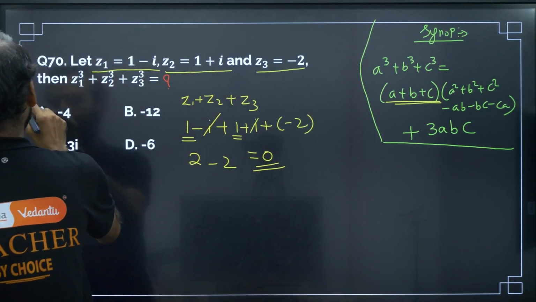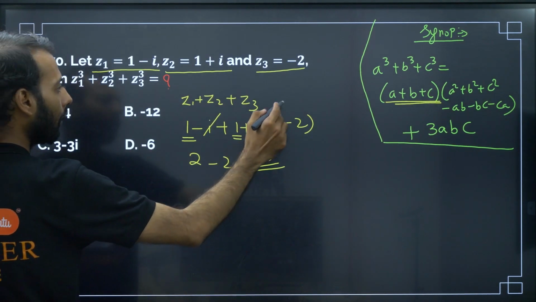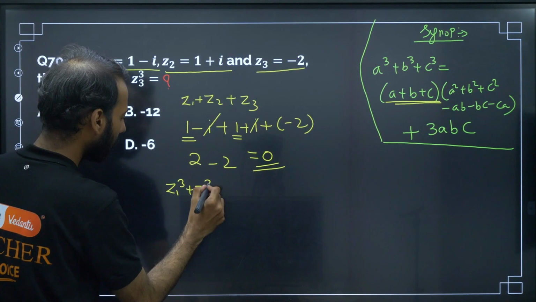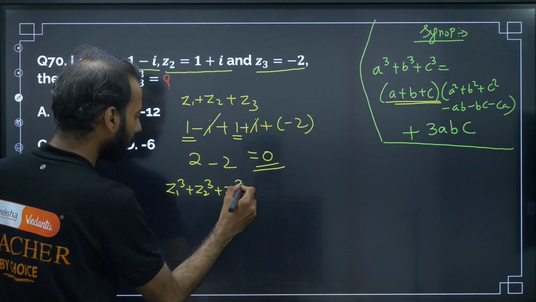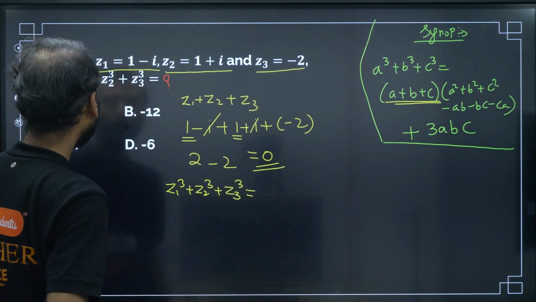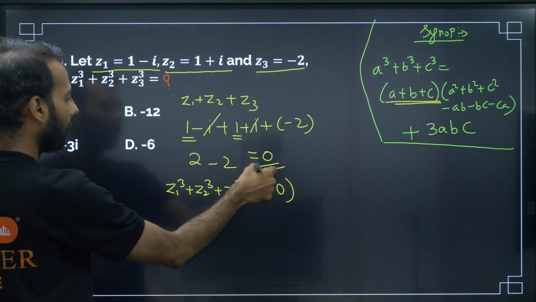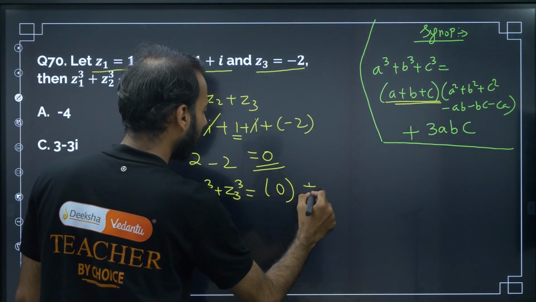That means Z1 cube plus Z2 cube plus Z3 cube is equal to (A plus B plus C) times something, and since Z1 plus Z2 plus Z3 is 0, the entire term is 0.